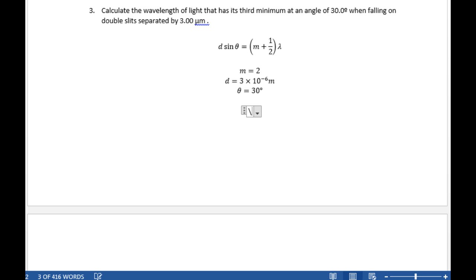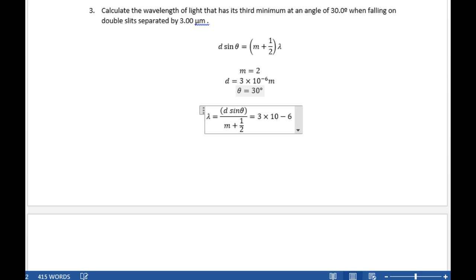So we're looking for lambda, which is going to be equal to d sine theta divided by m plus 1/2.